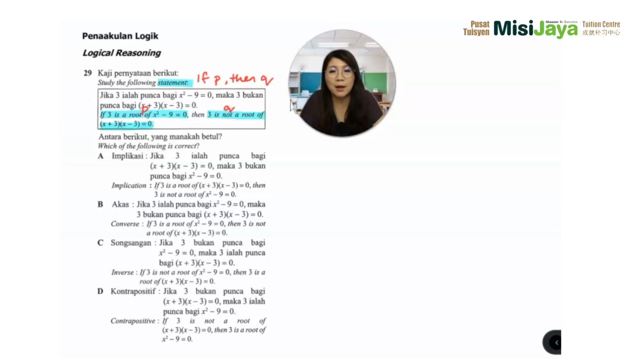So let's recap what we learned. If they give you a statement, which is if P then Q, we need to know three things.